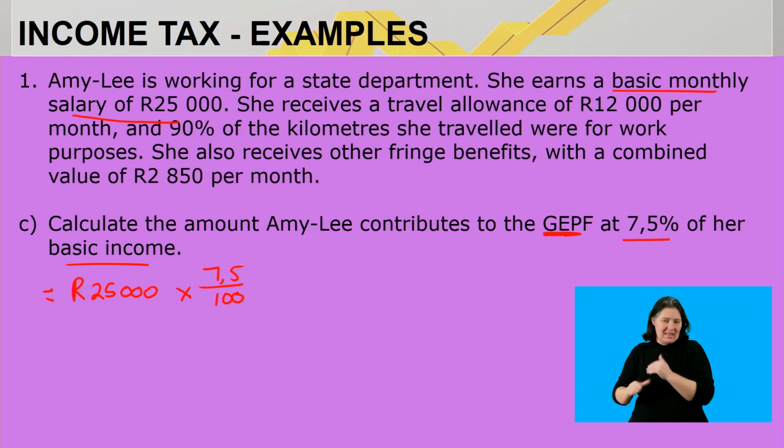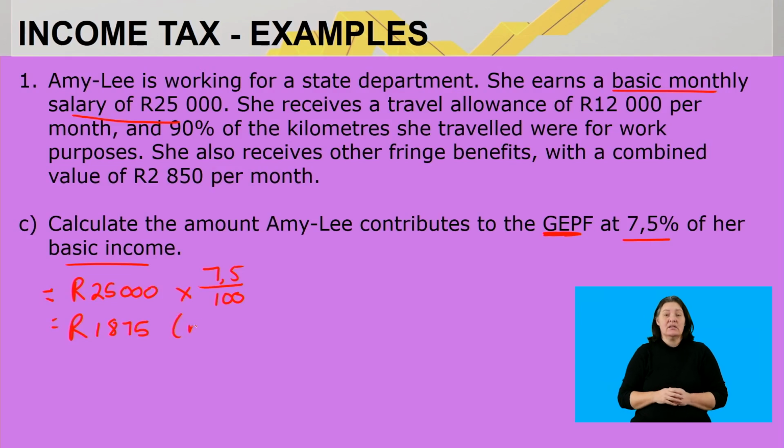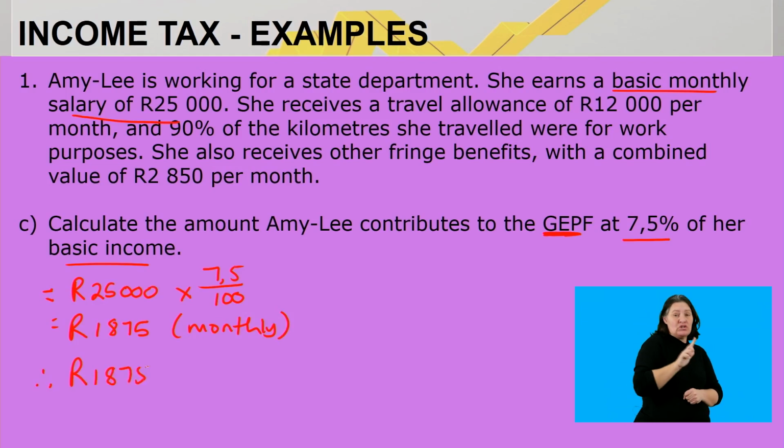So 7.5% of 25,000, that will give us 1,875 Rand. But let me indicate this is on a monthly basis, right? Therefore, if it should be per year on an annual basis, I'll take the 1,875 and I'll multiply that by 12, right?